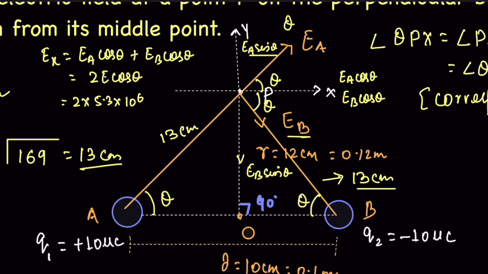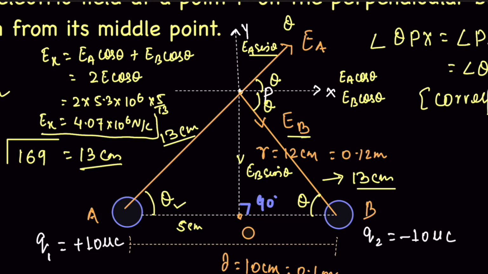Cos theta is equal to how much? This is our theta, this distance is 5 centimeter, and here it is 13, so it's equal to 5 by 13. So EX is equal to 4.07 into 10 to the power 6 Newton per coulomb. So we get the electric field with respect to the x-axis.